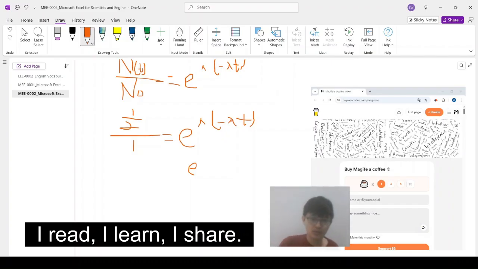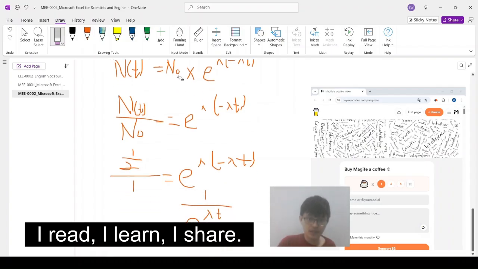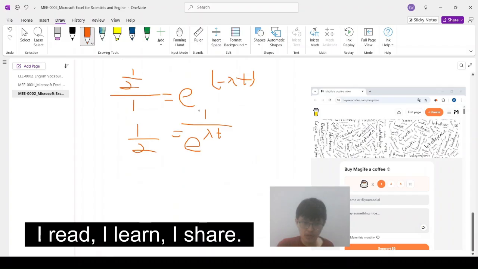Yeah, if you want to change this minus to positive, this is equal to 1 over e power of lambda t. Because the denominator is 1, it's simply 1 over 2.